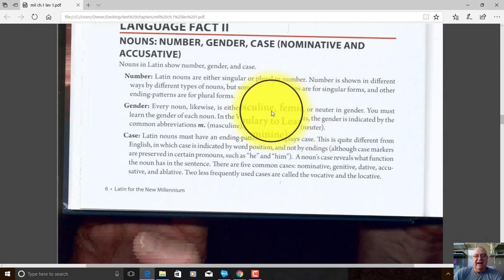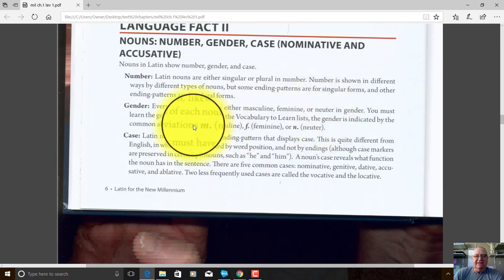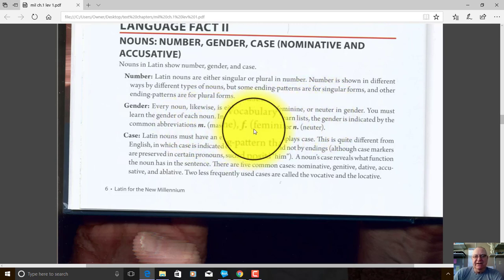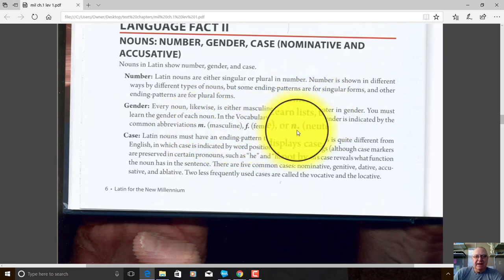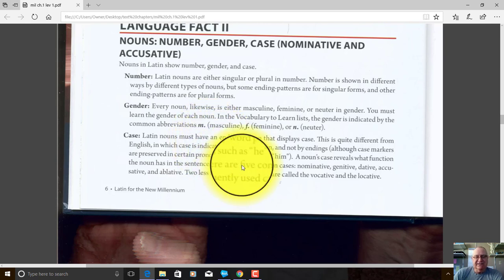So every noun in Latin is masculine, feminine, or neuter, and they have these little letters after the noun in the vocabulary list to keep it straight so that you know what gender the noun is. The case is the function of the word in the sentence. Does it function as a subject, a direct object, an object of a preposition?